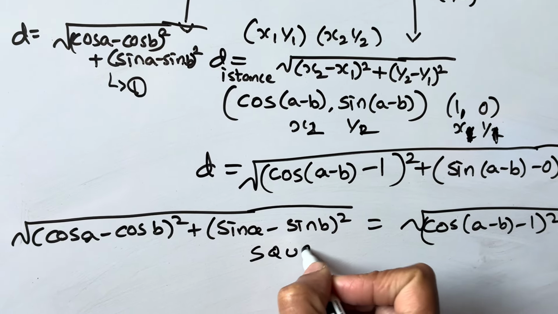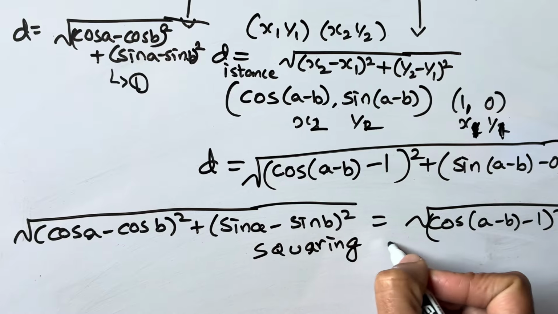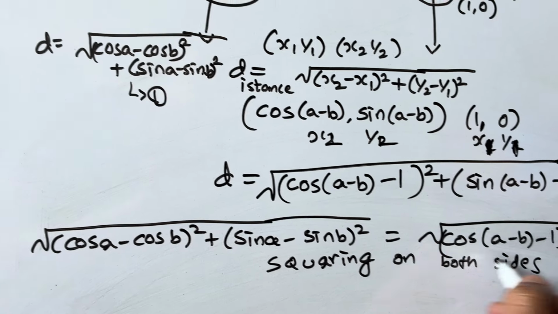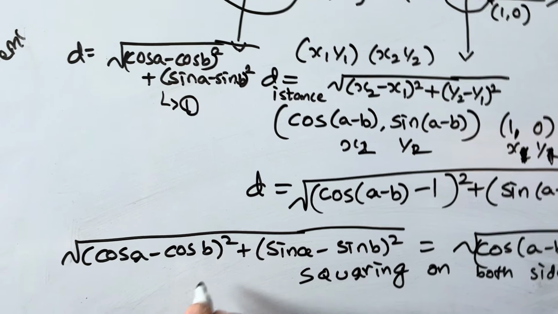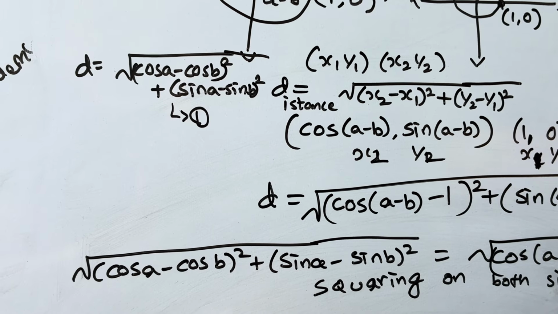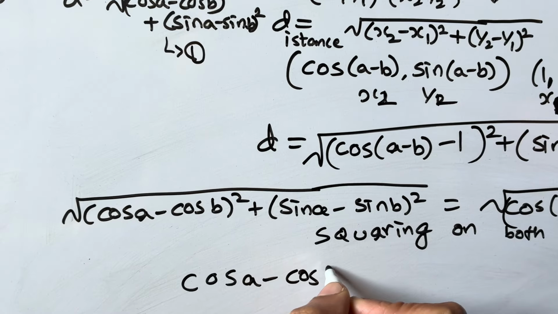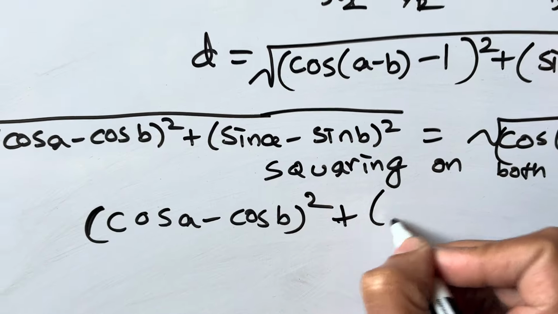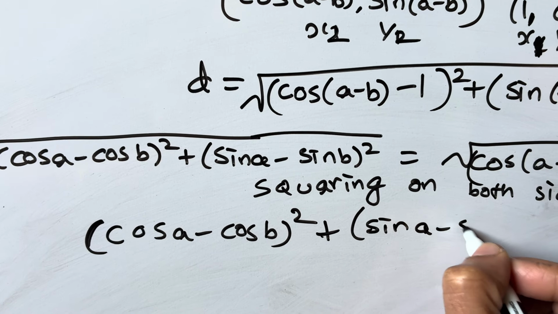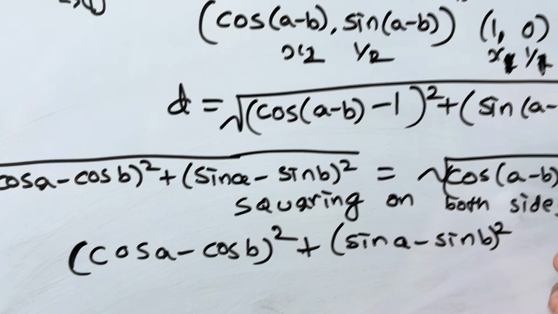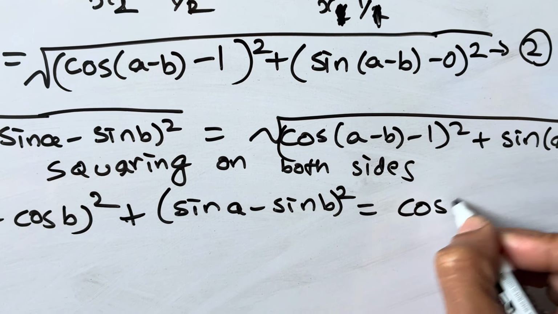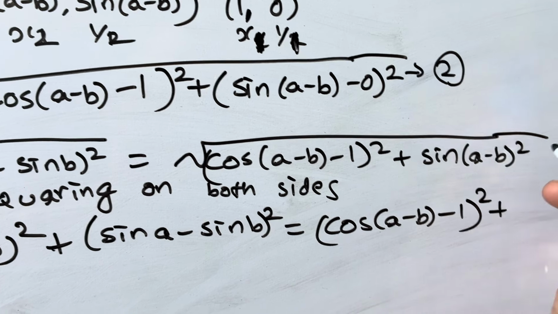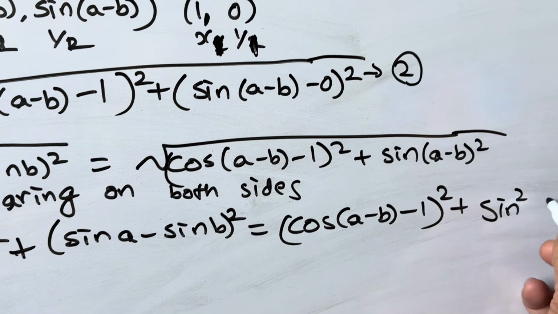So when I do this, I remove the square root, and my value would be (cos A minus cos B) whole square plus (sin A minus sin B) whole square is nothing but (cos of (A minus B) minus 1) square plus (sin of (A minus B)) whole square, which can be written as sin square of (A minus B).